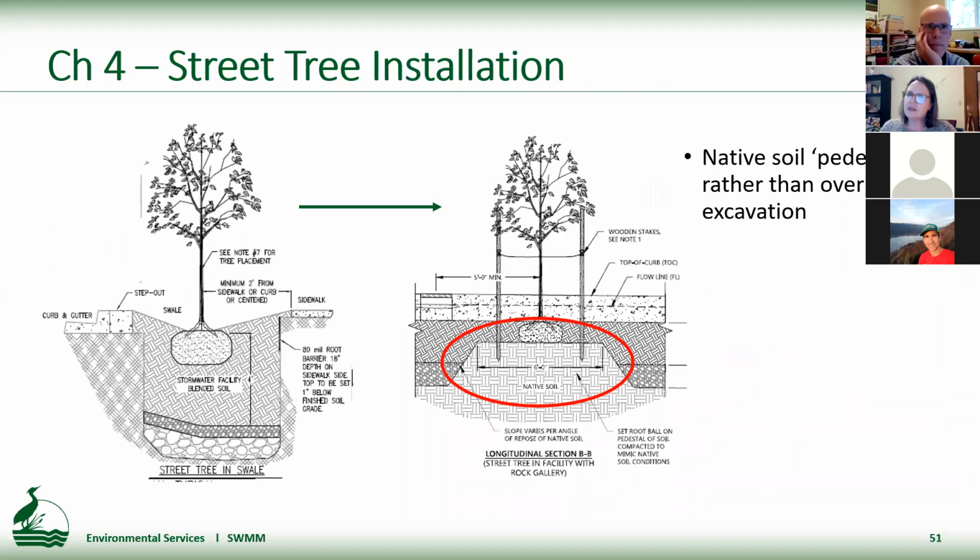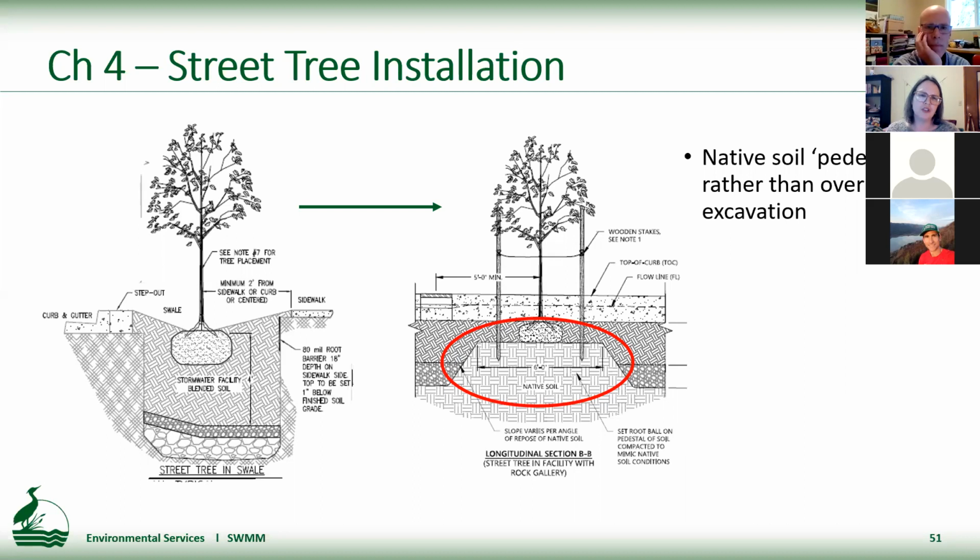For tree installation, the change there is that previously, if there was a rock gallery in a facility, we required over excavating the location where the tree was going to be placed and adding more soil.